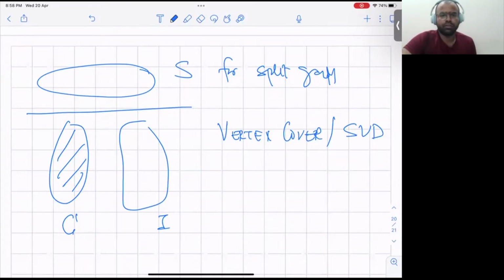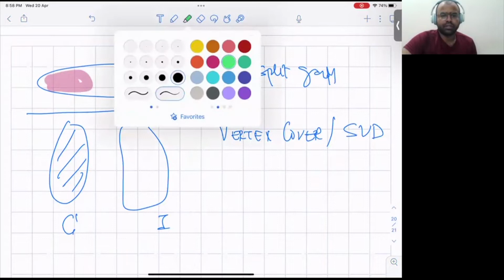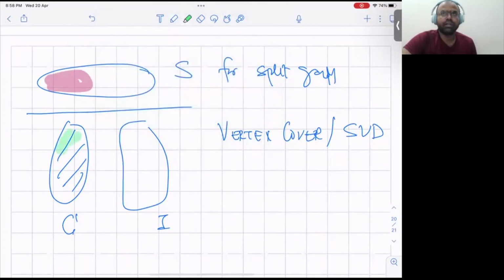For those vertices in S which do not belong to the solution, you choose its neighbors in C and I. Then either all of C prime goes to the solution or cardinality of C prime minus 1 goes to the solution.